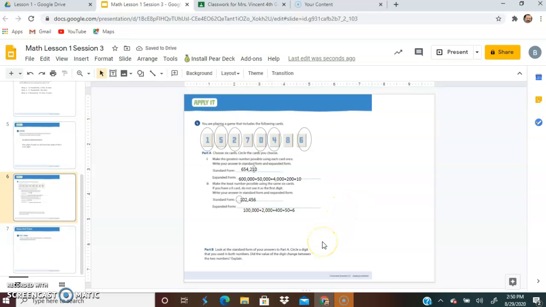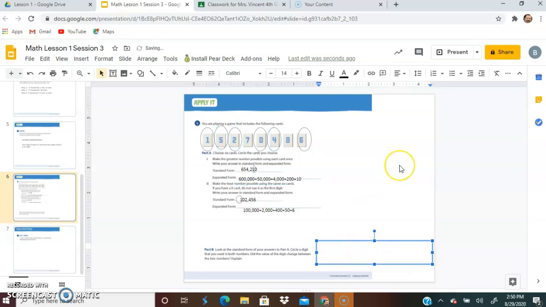Okay. Now, we're trying to tell if the value of this digit 1 changed. So when I look here, I'm going to just put my answer to the side. The value of the digit 1 did change. Definitely. Here, it's only worth 10, and here it's worth 100,000.